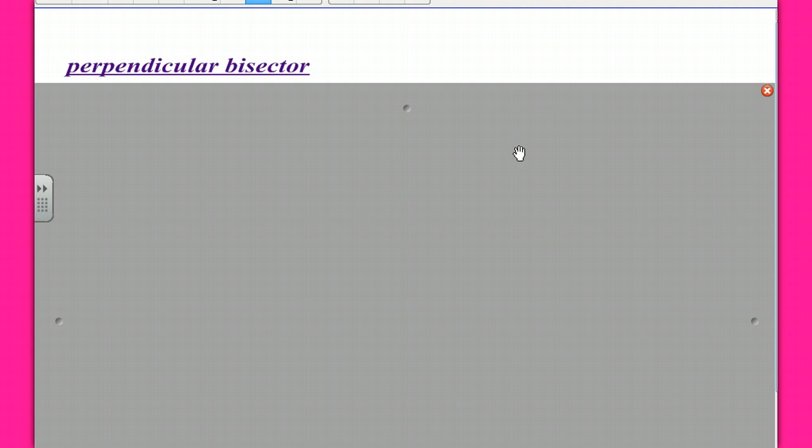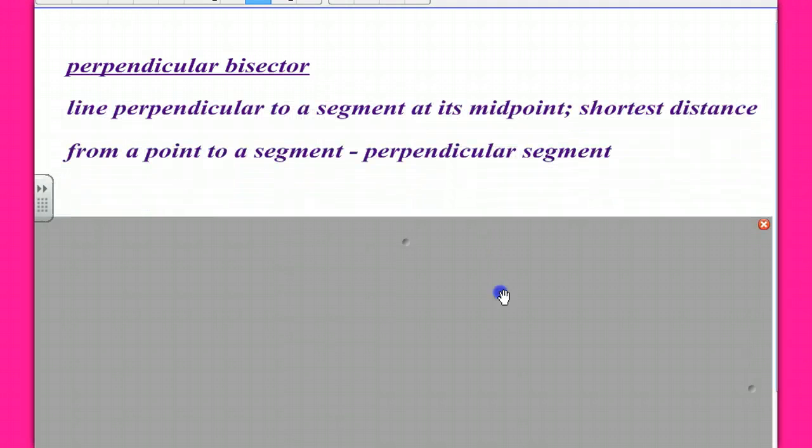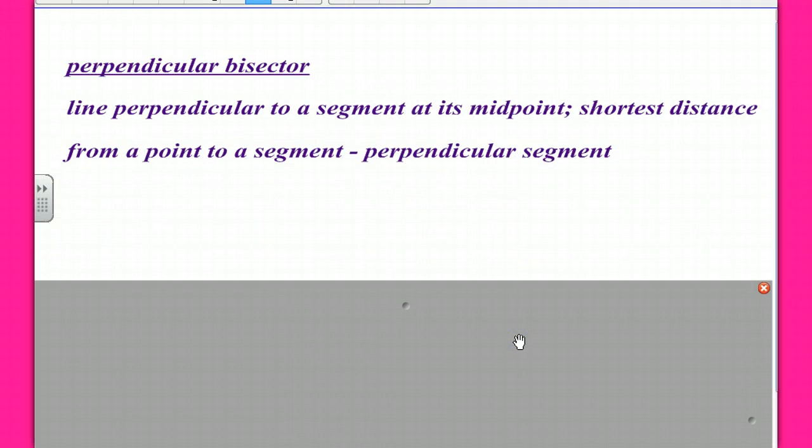A bisector actually cuts another segment in a perfect half. So when you see that word bisector, think half. Just like an angle bisector will divide an angle into 2 congruent smaller angles. So a perpendicular bisector will bisect a segment at its midpoint.